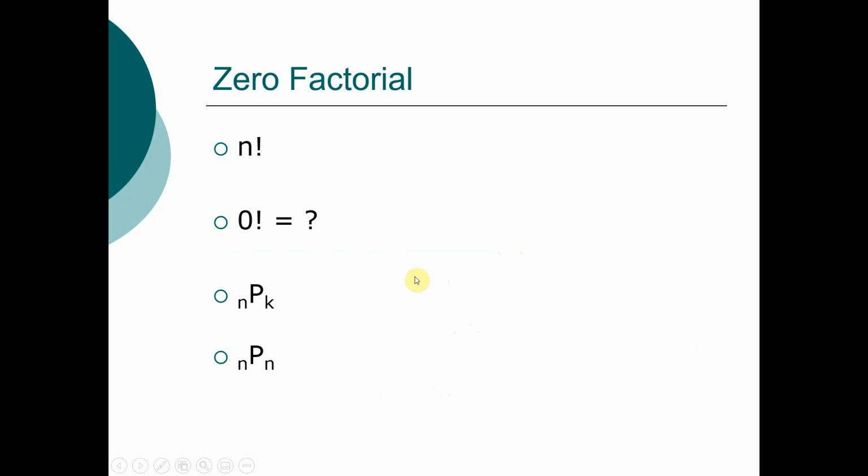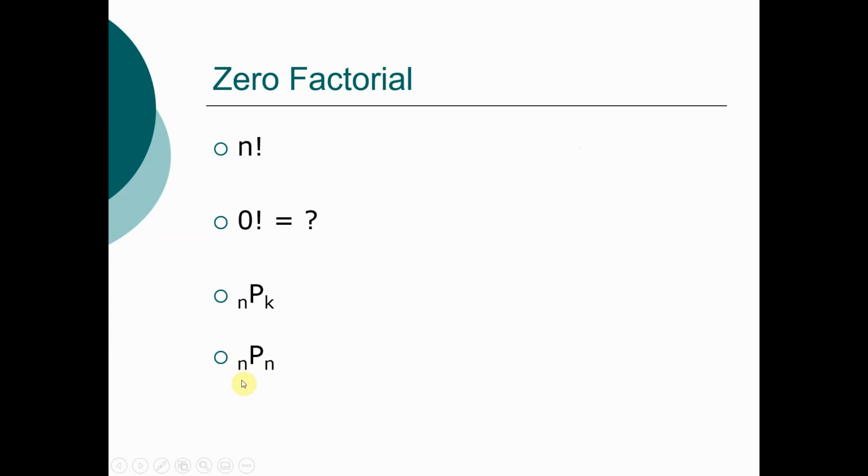So let's first remember what a factorial is. N factorial would be the multiplication of all integer numbers from 1 all the way to n. So n factorial would be 1 multiplied by 2 all the way by n. 0 factorial by definition is defined as 1.